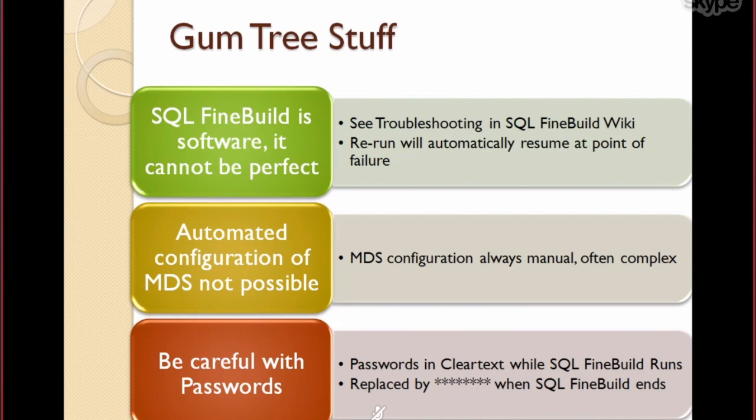It gives you some hints and tips on how to go about troubleshooting. And if you then want to restart your build, if you just rerun with the same set of parameters as you did originally, FineBuild will detect that it is partway through an install and automatically restart at the point of failure.